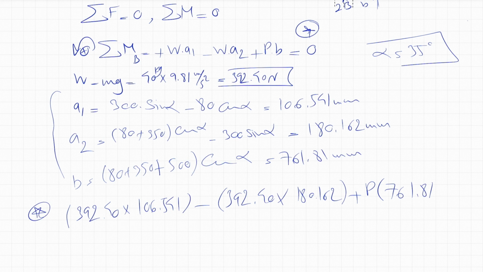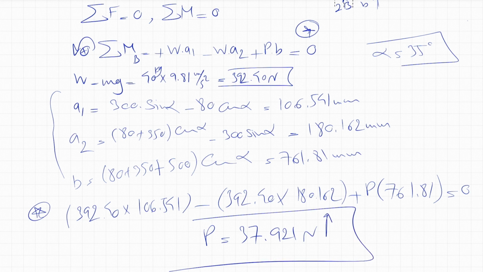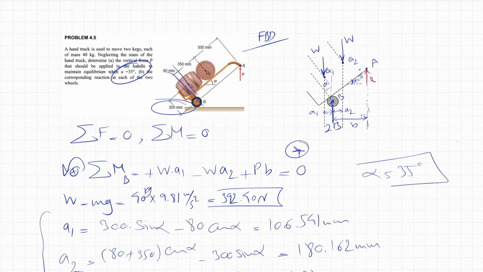And we have P as the unknown, but we know B is 761.81, equals 0. We don't need to do the unit conversion for the millimeter because it will be canceled out anyway. It won't make any difference if we divide any of these by 1000 to get meter. And P eventually will be 37.921 Newton. We found one of the unknowns that the question is asking.